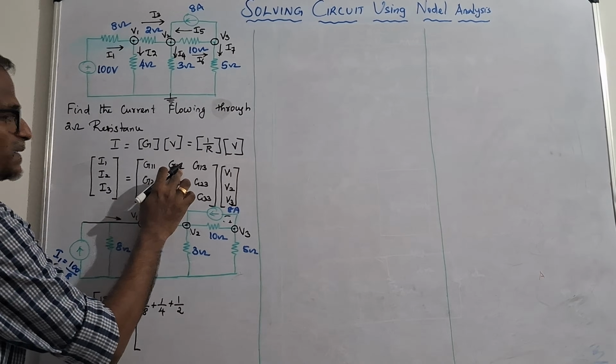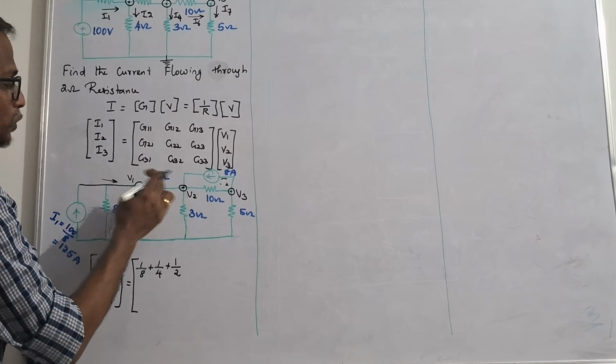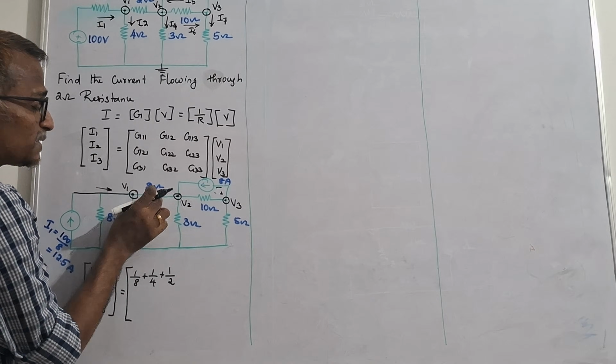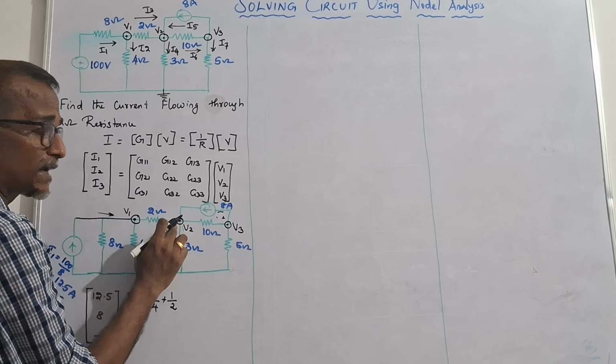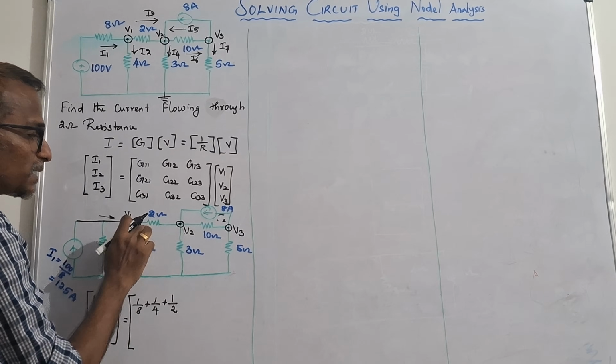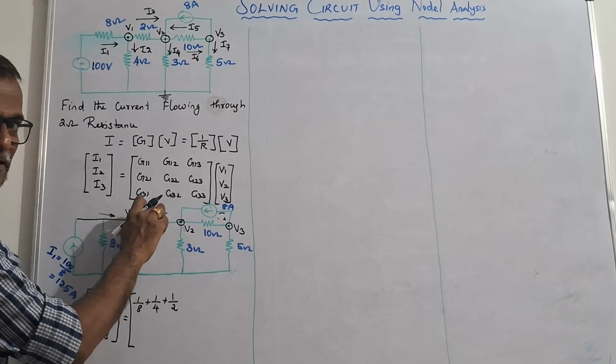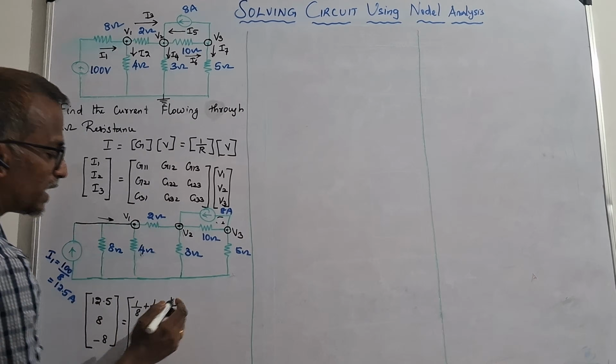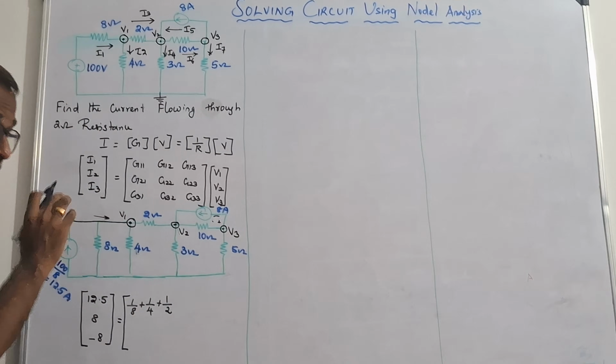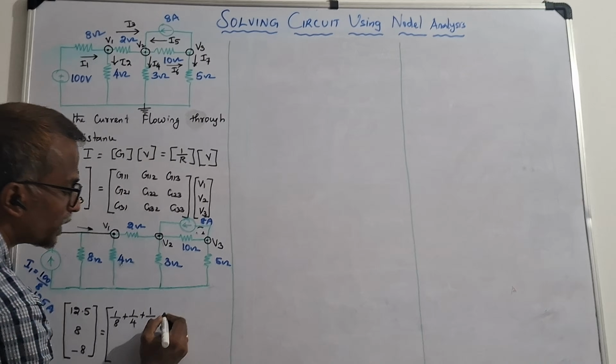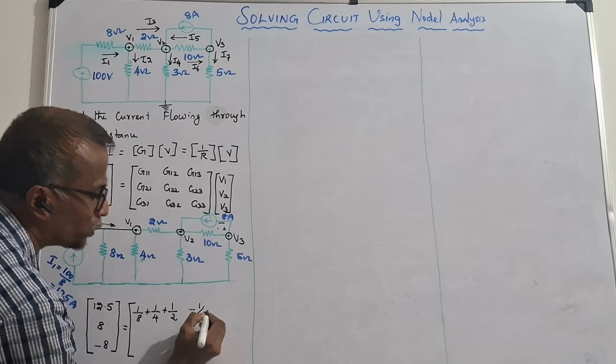Okay. Then what is G12? G12 is nothing but conductance between first node and second node. Resistance is 2 ohm. As this is between the two nodes, we have to write minus 1 by 2.